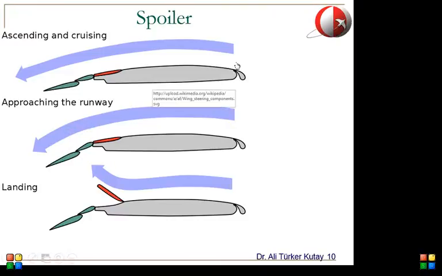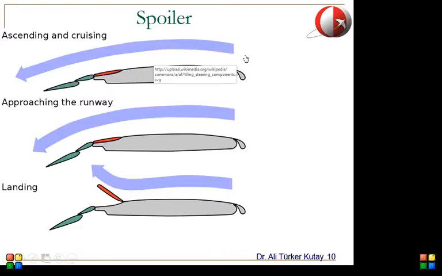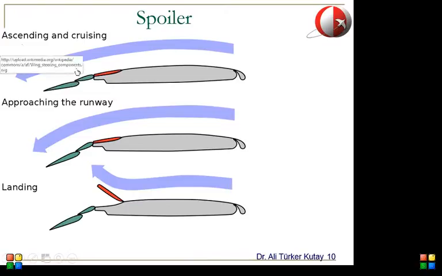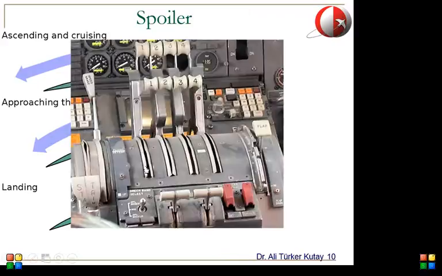So here you see a diagram explaining how they work. This will make more sense once I explain how the lift force is created. But anyways, normally you have this airflow around your wing section, and if you open up your spoilers, it causes the airflow to be deflected that way, and this is how you reduce the lift force and increase the drag force.